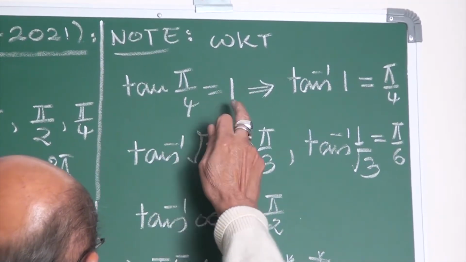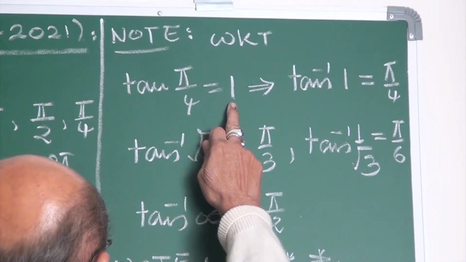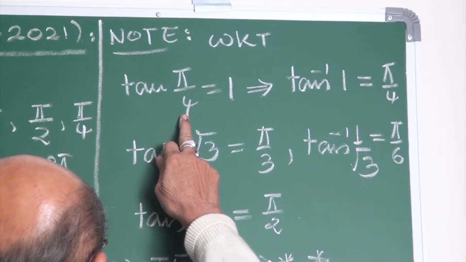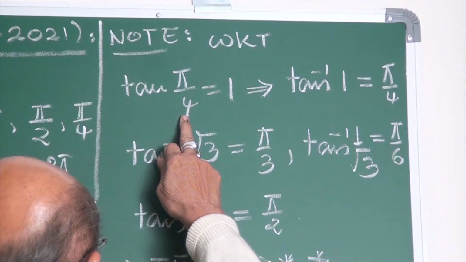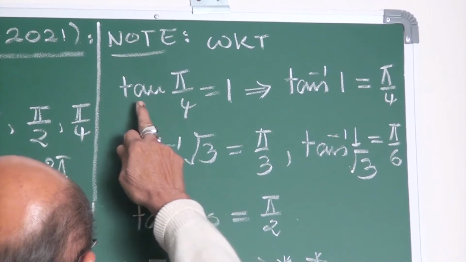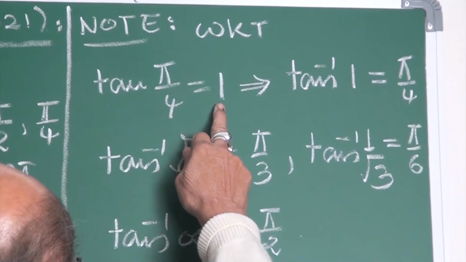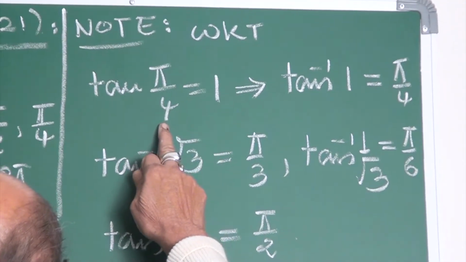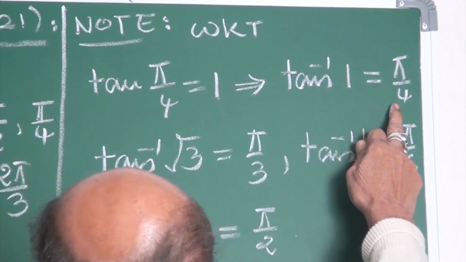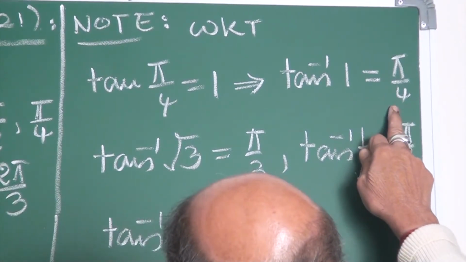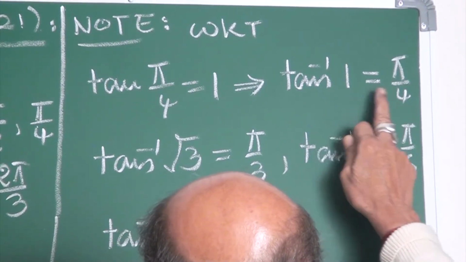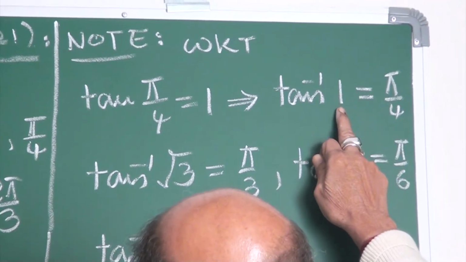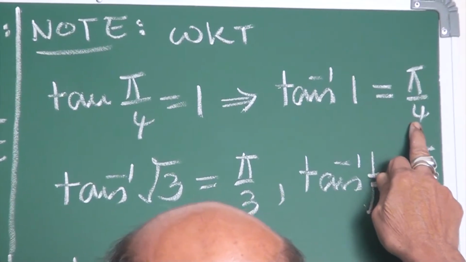Taking tan to this side, pi by 4 belongs to R, an angle between minus 90 and plus 90, so you can apply the definition. Therefore, tan inverse 1 is an angle whose tan is 1, and that angle is pi by 4.